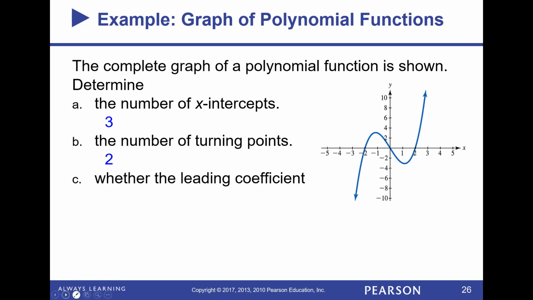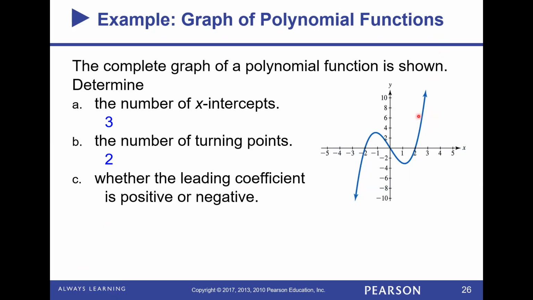Okay. So what about whether that leading coefficient is positive or negative? Remember, this question goes really well with the question that comes after it, whether it's an even or odd degree. They're answered at the same time, which is why a lot of people struggle a little bit with it, because it's better to think of these together.